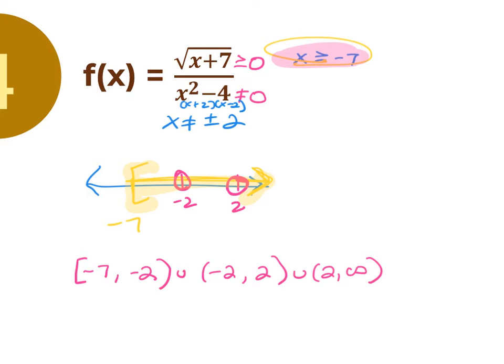But the fact that it can't equal positive and negative 2 means that there's holes on the graph at those points, which means it can't include those points. So it's all the numbers from negative 7 up to the first hole, which is negative 2. Then all the numbers in between, negative 2 to positive 2, and then a hole at 2, and then everything bigger than 2. So these parts cannot be included in my answers because if I use negative 2 or positive 2, my denominator is 0, which makes it undefined.